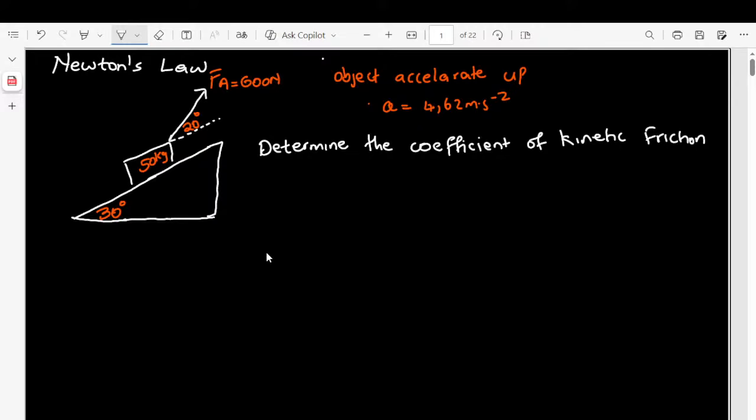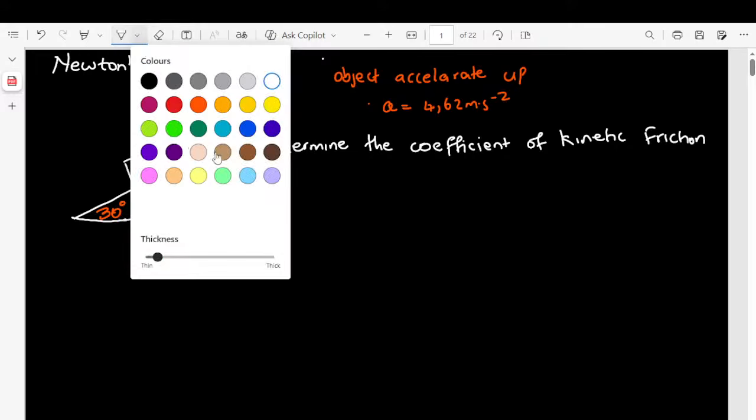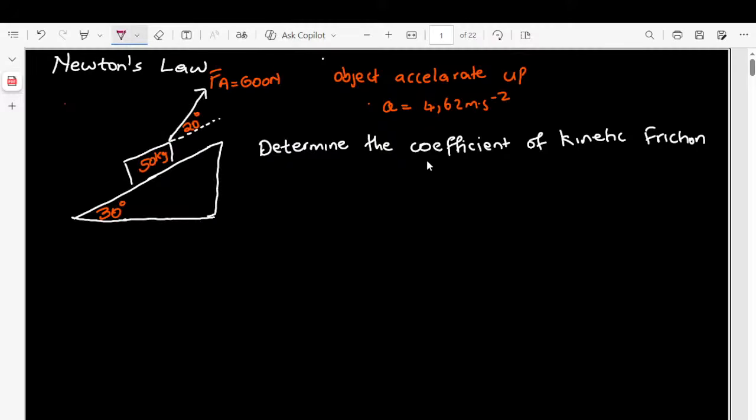Now listen, this is very important. First thing first, when you answer this type of question, they want us to find the coefficient of friction. This tells you that we need to bring the formula that has to do with the coefficient of kinetic friction. Go to your formula sheet and choose the correct formula.